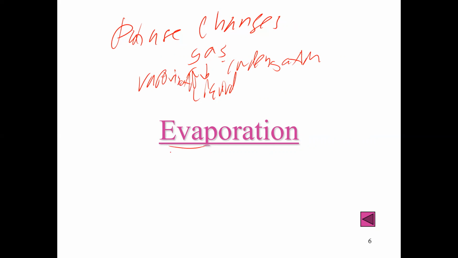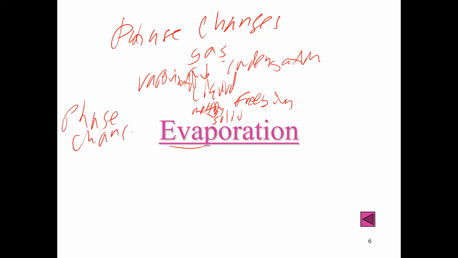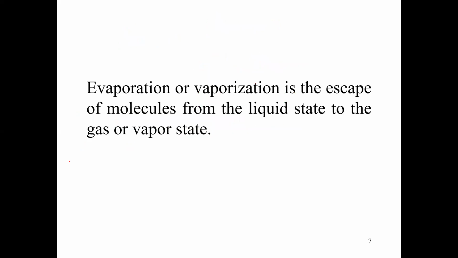Liquid to a solid is freezing, and then solid to a liquid is melting. This is called a phase change, and it's very, very important to understand the nature of how that works.